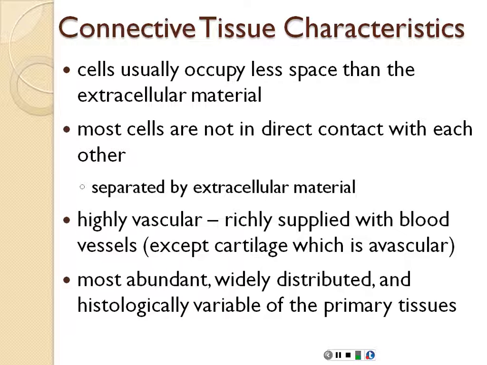Okay, connective tissues, the cells usually occupy less space than the extracellular material. And so one way of saying that is in connective tissue, there is more matrix than cells. So if you remember, the tissue is defined as what?